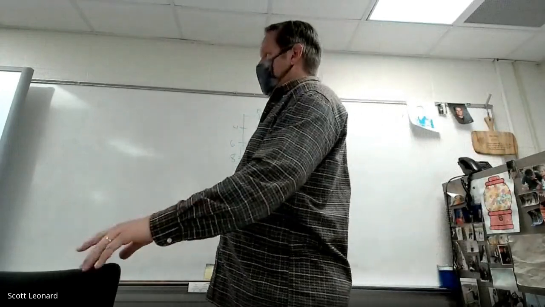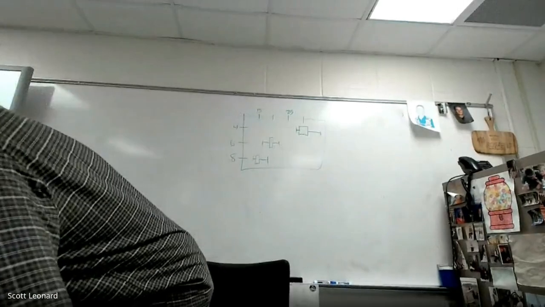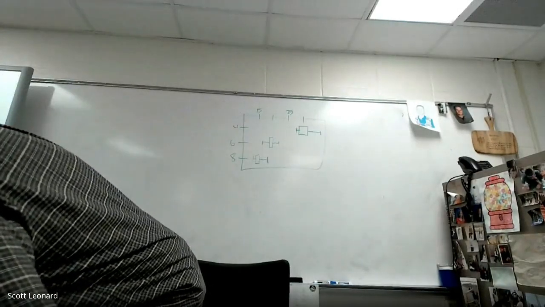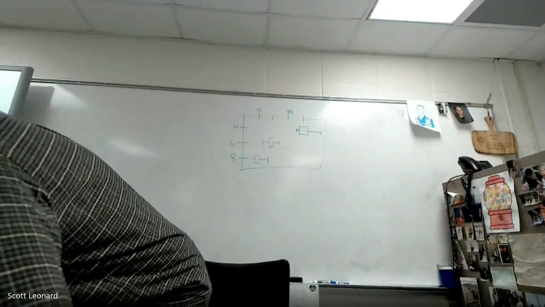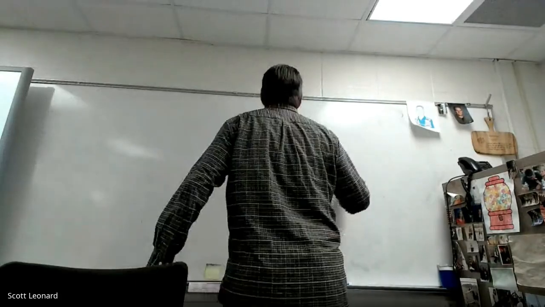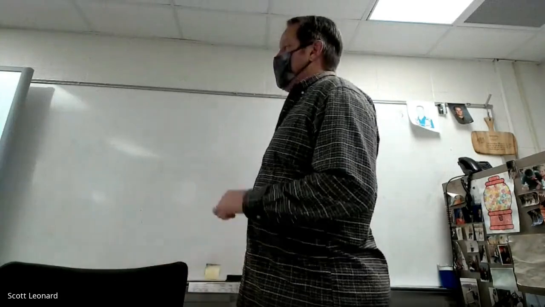All right, last problem of the day. We're going to scroll down. Come on. All right. Okay, you're going to have 2 separate box and whisker plots on the same graph.